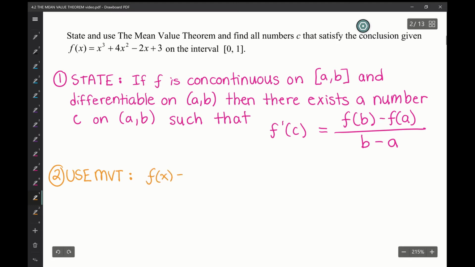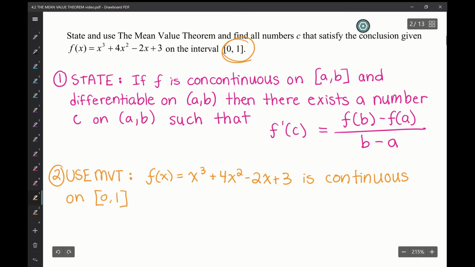So f of x is equal to x cubed plus 4x squared minus 2x plus 3 is continuous on the closed interval from 0 to 1. That's the interval that was given to us. And differentiable on the open interval from 0 to 1.